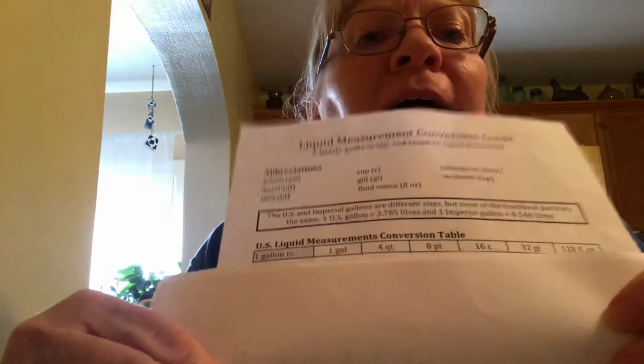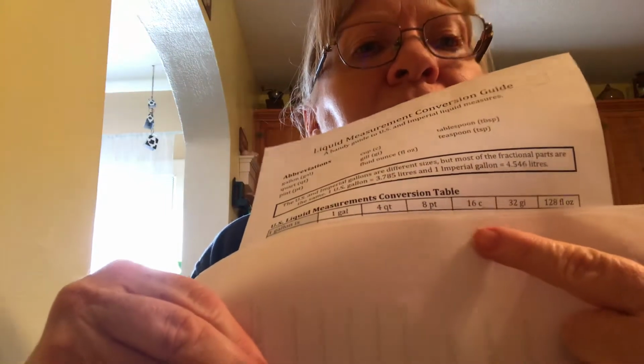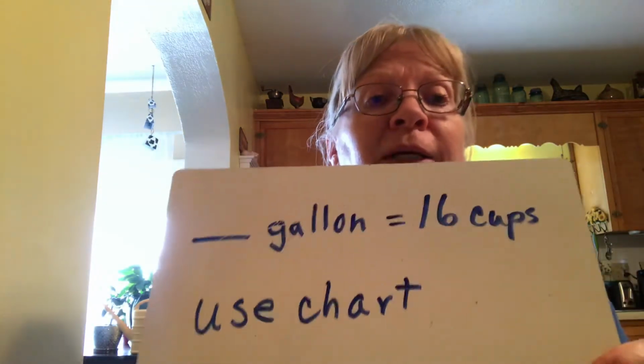I go across this first line for a gallon, and I see 1 gallon has 16 cups. They want to know how many gallons are in 16 cups. Well, it's going to be 1, right? So the answer to that one is 1.